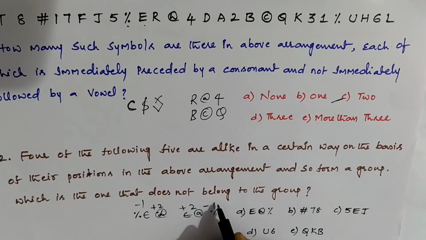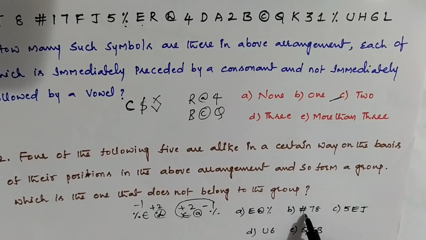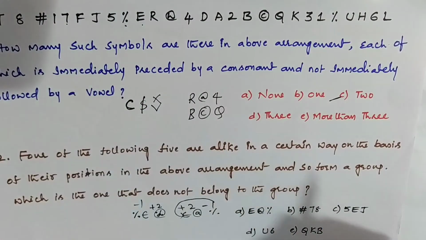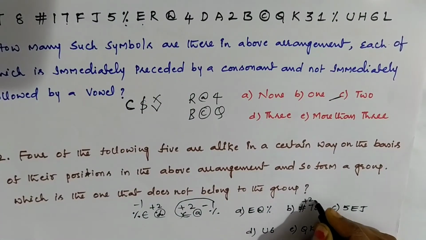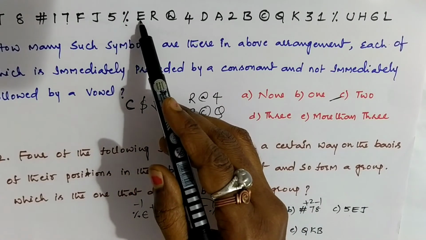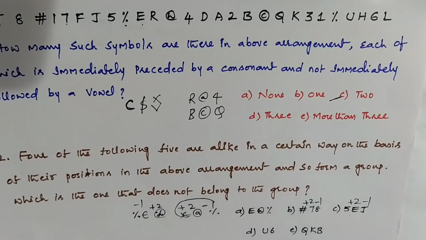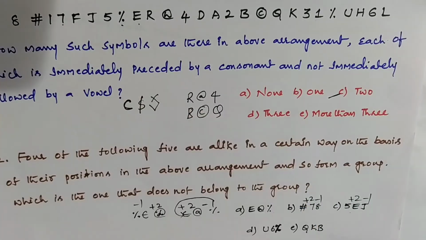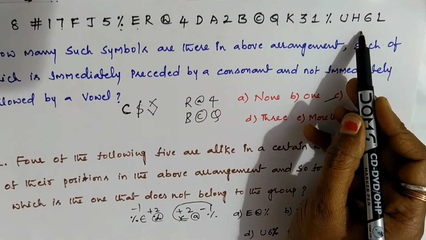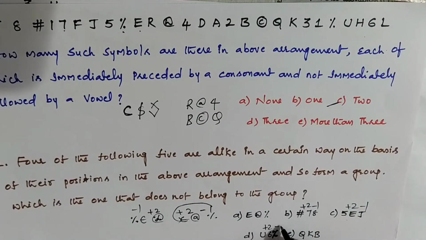Okay, this minus 1 belongs to E. Next one, hash 7 8, this is also plus 2, minus 1. 5 E J, this is also plus 2, minus 1, the same pattern. Okay, the fourth option is U6 percentile. Okay, this is also plus 2, minus 1.